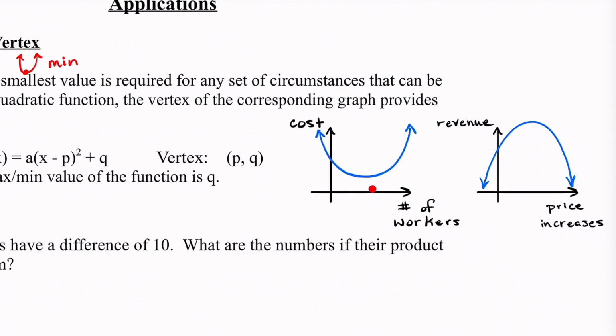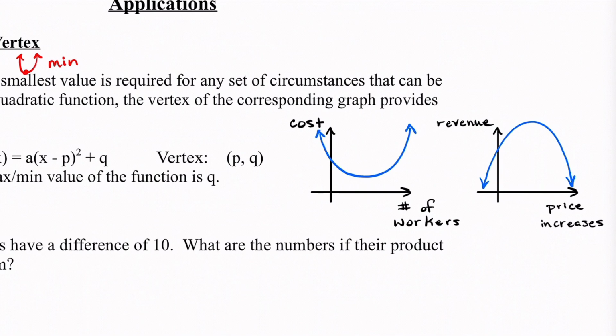But then you start hiring more workers and you have workers standing around, so your costs are going to go back up. You're paying for people that aren't really doing much, so it's not helping. So that's where you'd want to find a minimum, and that would give you the best number of workers and reduce your cost.